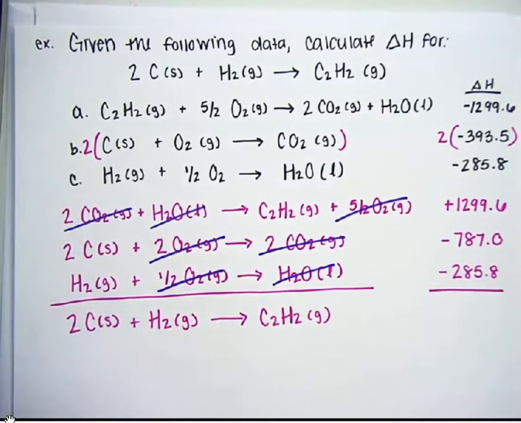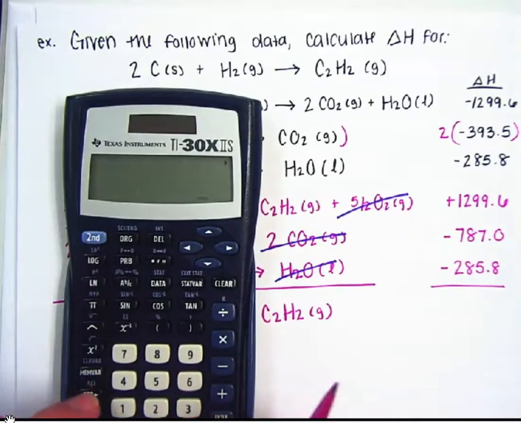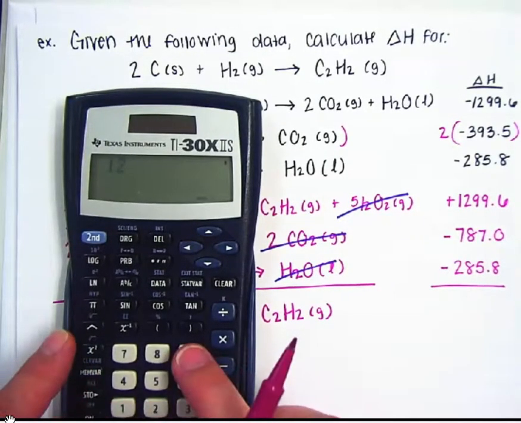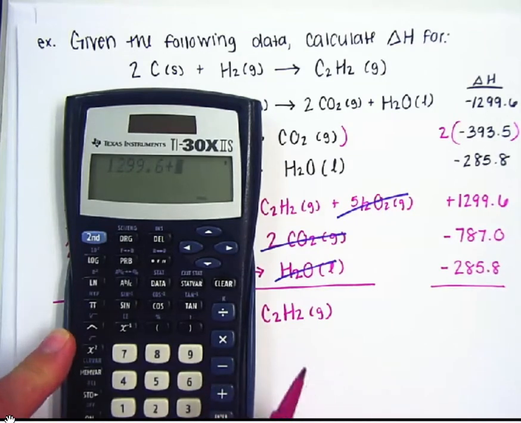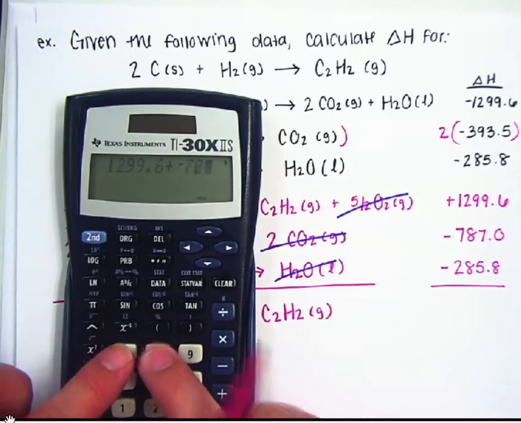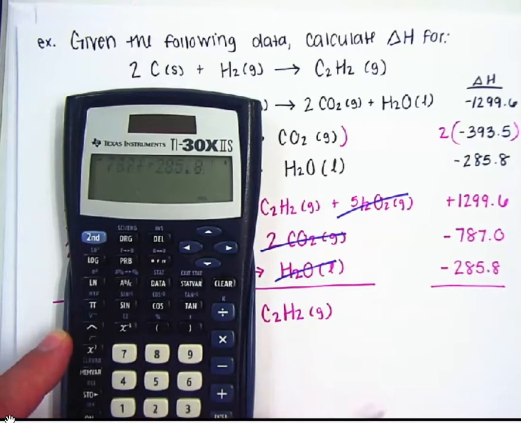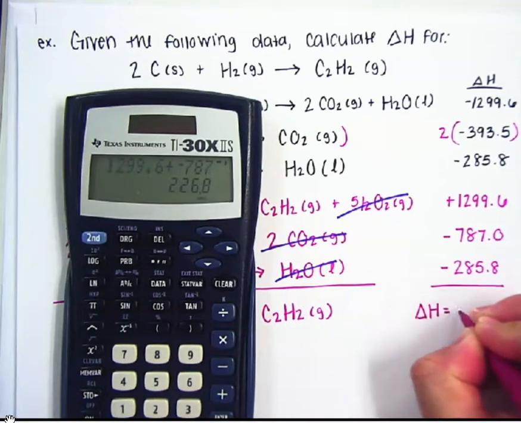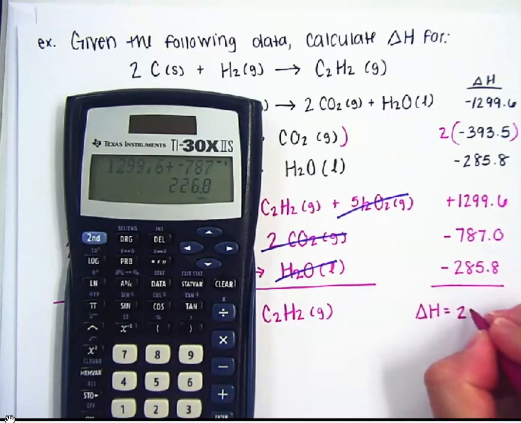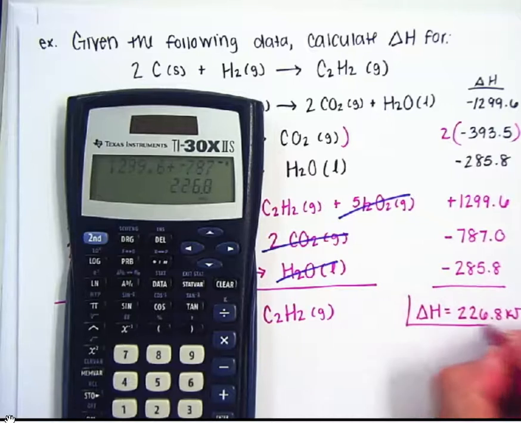So then the last step would be to take the sum of all of these: 1,299.6, so plus a negative 787 plus a negative 285.8. My delta H is equal to a positive 226.8 kilojoules.